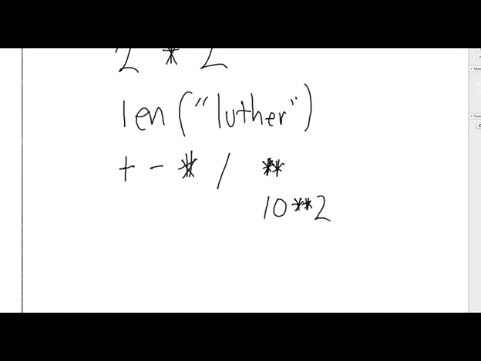Now when we're doing division using the divide character, the standard result that Python will return when we're dividing any two numbers is a floating point number.